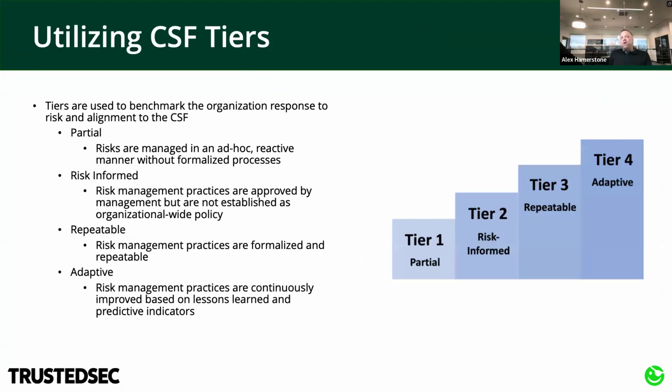So in thinking about the different tiers that are used when we're looking at the CSF, obviously defined through partial, risk informed, repeatable, adaptive. When you look at an organization, one of the things that we talk a lot about is existence versus effectiveness, right?